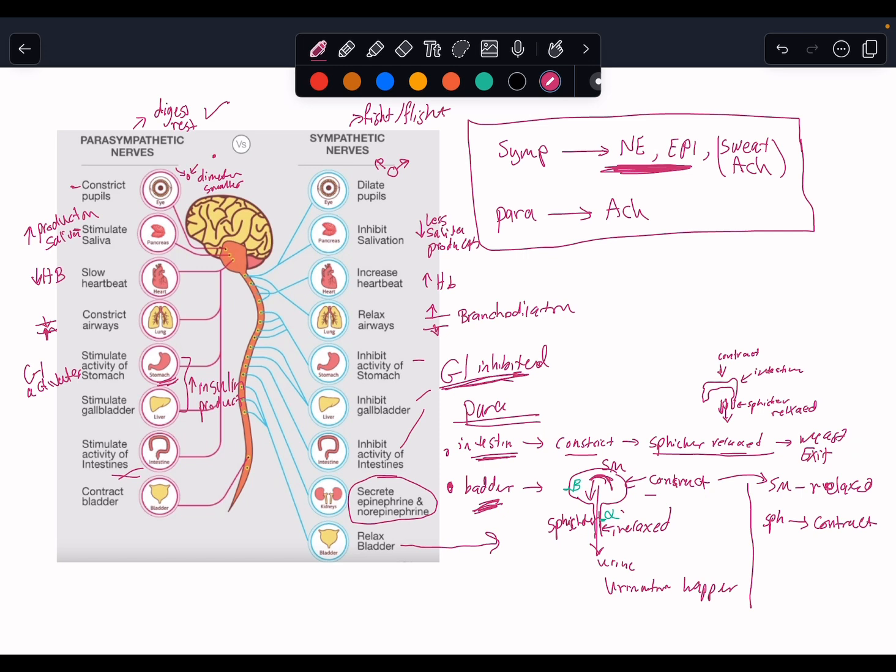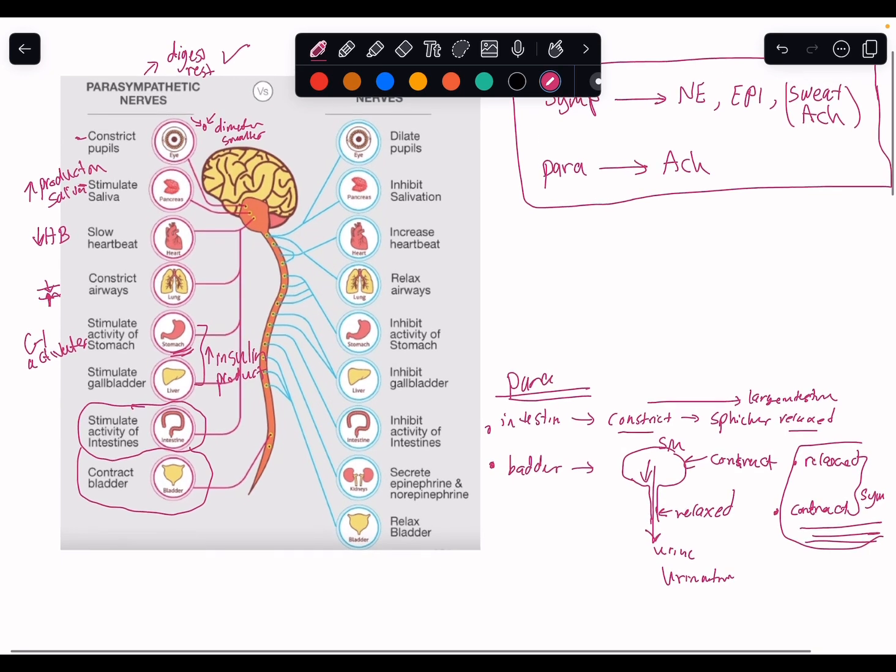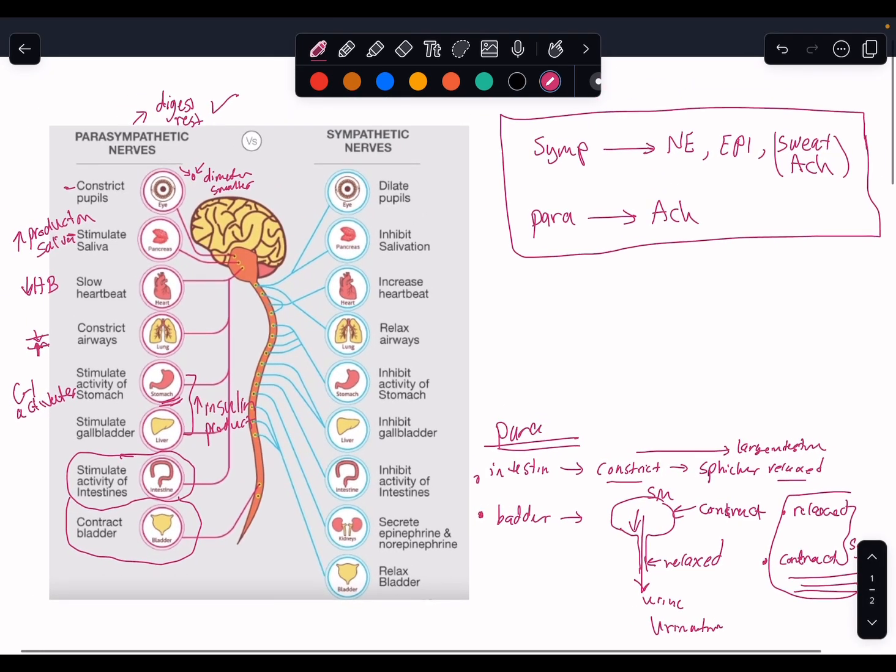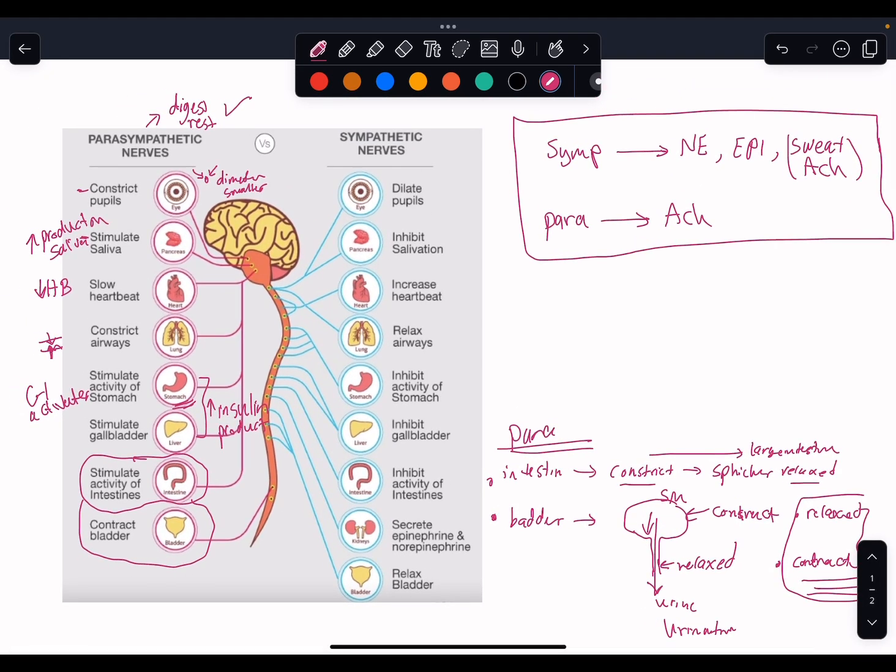So everything will be inhibited. So in that case, what's going to happen here? Here we said urination will happen. So here in sympathetic, it will cause urine retention.